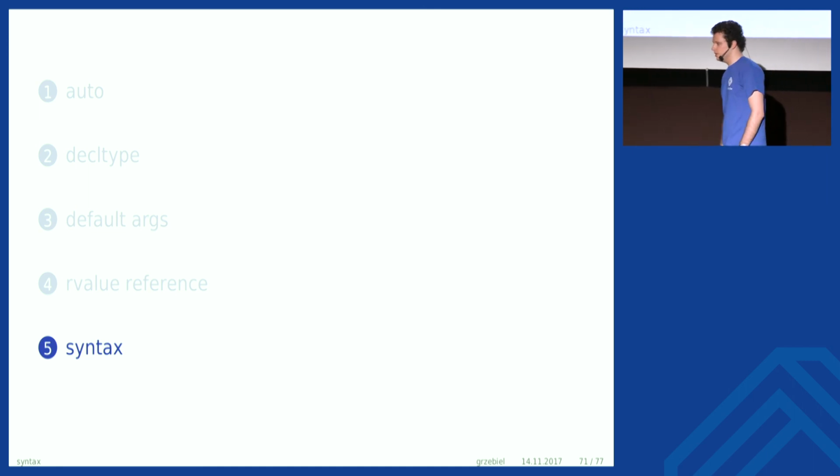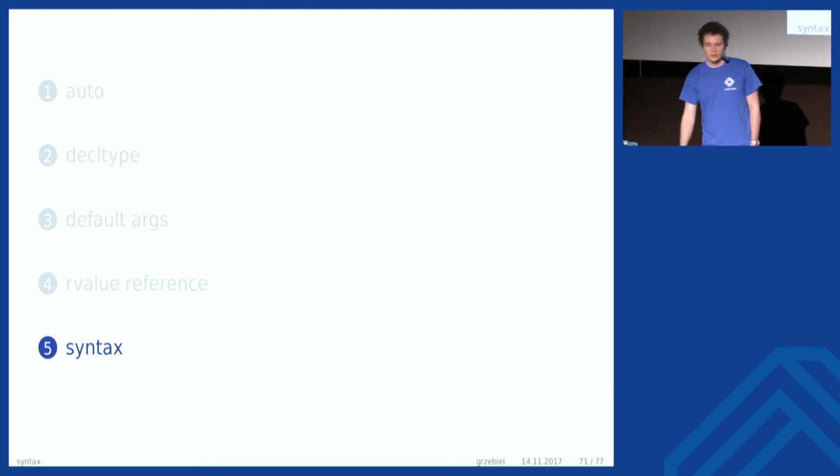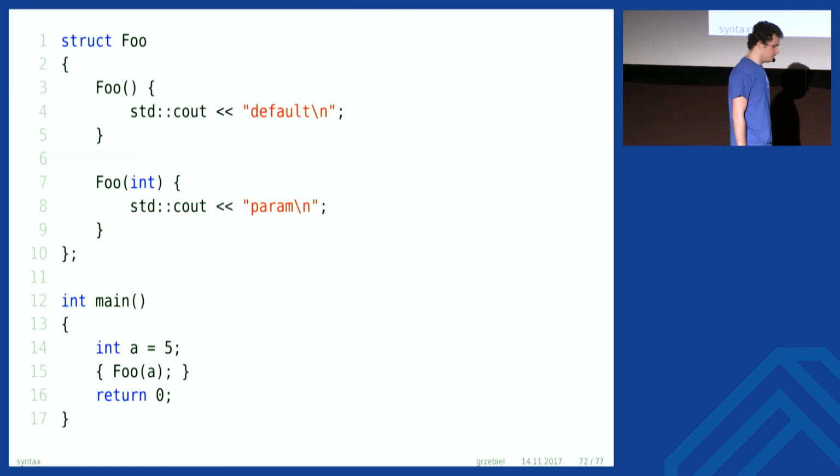Okay, and we are getting quite close to the end. So the last thing I want to talk about is a syntax of C++. And there is a small bug I made quite a while ago. I was actually writing a RAII wrapper for a timer.